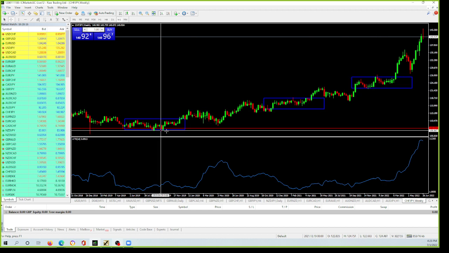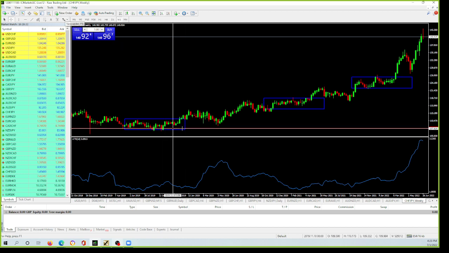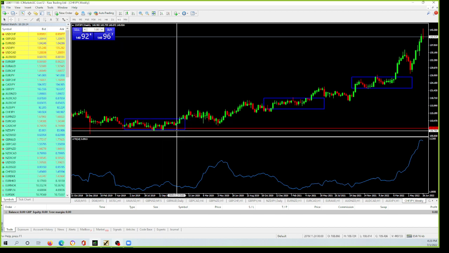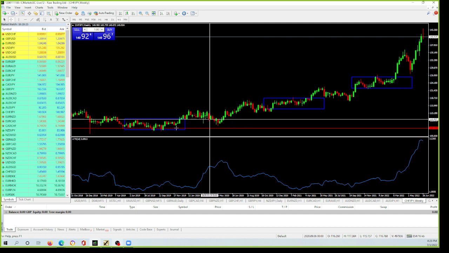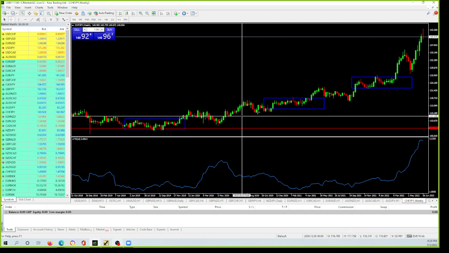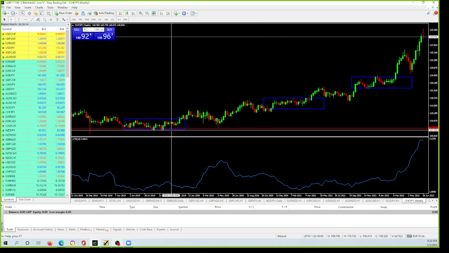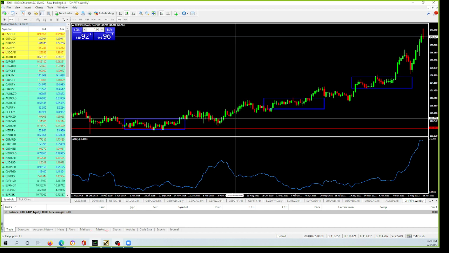And how I do this is, assuming I have an entry here for the buy, my stop loss is here. Once price is here, I put my trade at break even. Then I can enter a second trade here, and I'll move my stop loss here. What does it mean? It means that I'm locking in some profit.